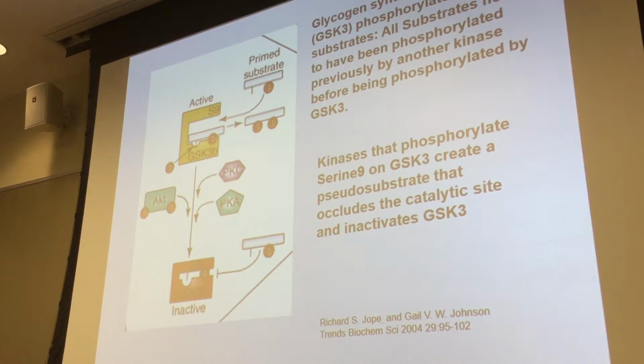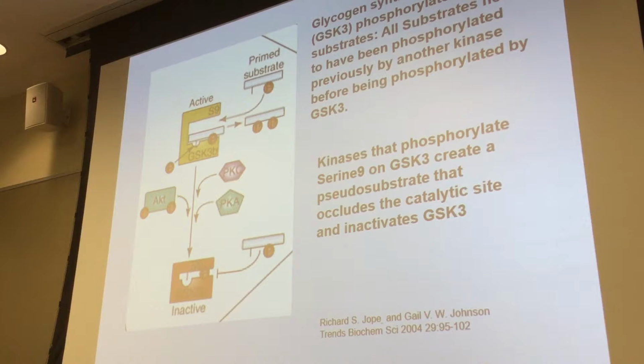But it's like a pseudo-substrate, so that once we've got a protein that can phosphorylate at this site, and here's an example of the AKT kinase, once it gets phosphorylated here, then it clamps down as if it were the substrate and precludes any substrate binding, so it just can't get into that once it's been closed off.